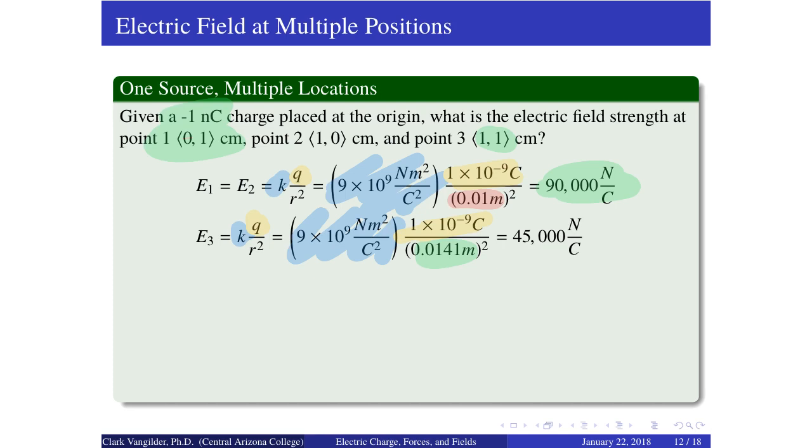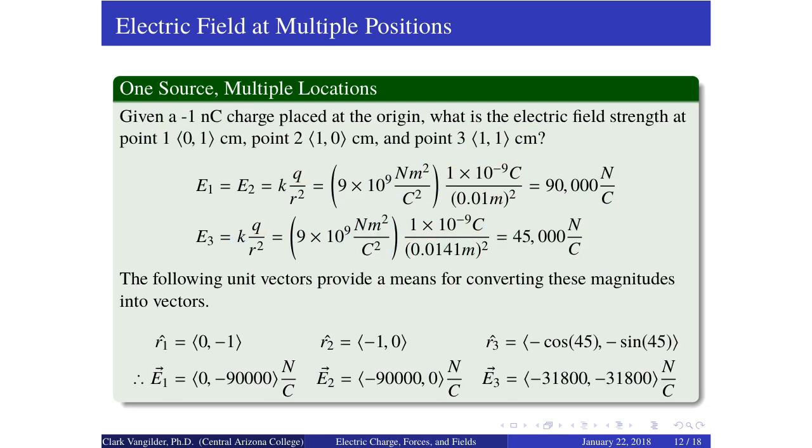And at point 3, it's going to be 40,000. So we figured out the electric field at multiple locations. It wasn't hard. It's basic algebra, plug and chug. Nothing huge there. Now, it gets a little bit more involved.